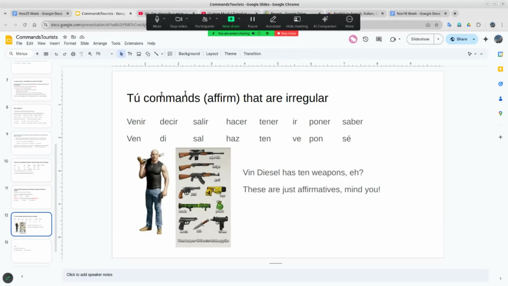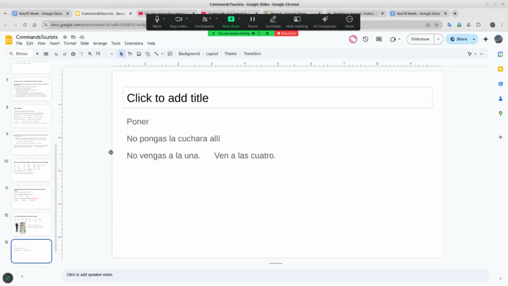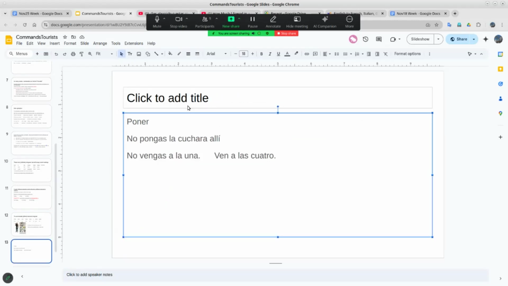Let's take a look at hacer, because we often use this to say do it, right? The mom is feeling testy, or the dad is feeling testy with the kid, and they tell the kid, hazlo ahorita. Do it right now. I have lost my patience with you, child. Hazlo ahora.